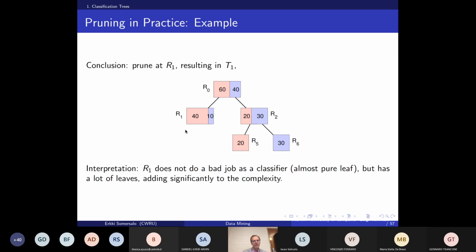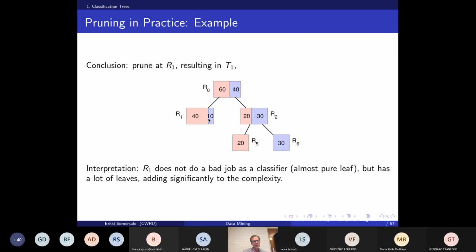If you want to understand why this algorithm chose the pruning node to be R1, the reason is that R1 eliminates a lot of leaves, so it decreases the complexity of the tree quite a bit. On the other hand, the quality of the classification of R1 is not that bad.